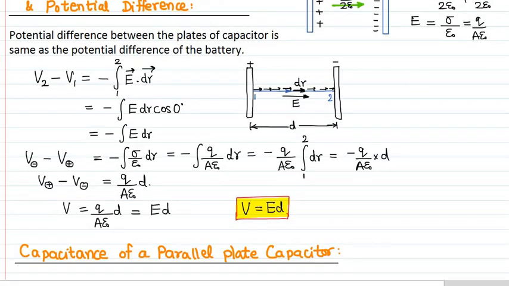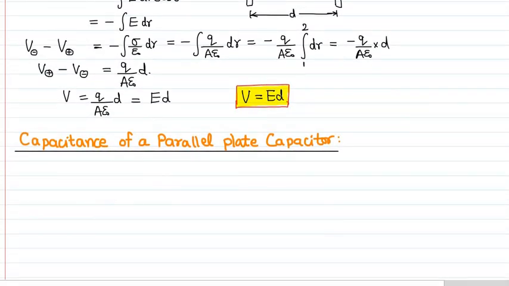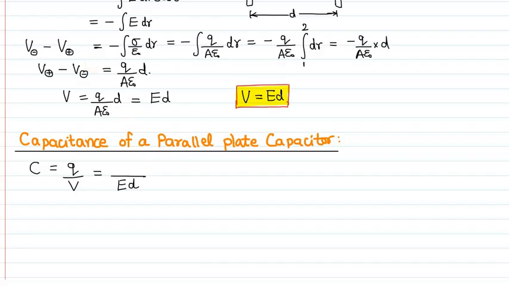The capacitance of a parallel plate capacitor can be written as C is equal to Q by V. This is the definition of capacitance, charge upon potential difference. Potential difference can be written as E multiplied by d.